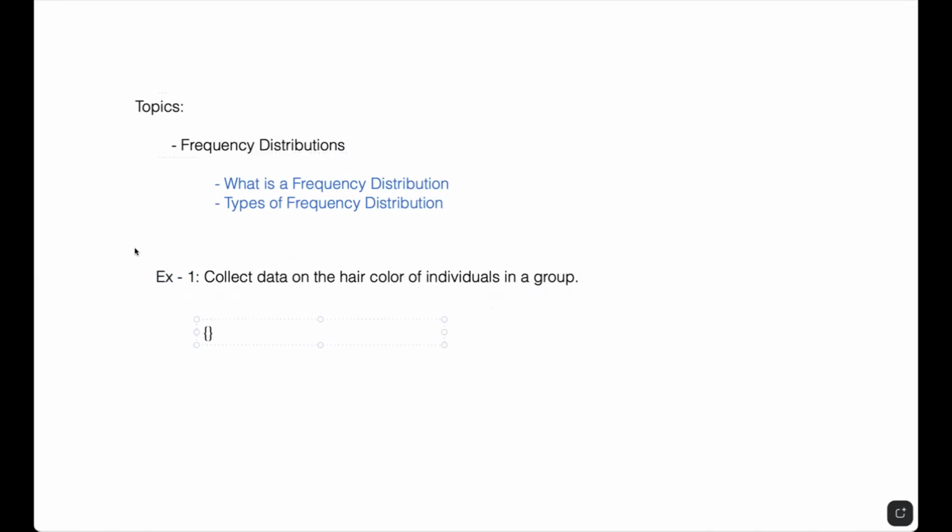So let's say blonde. So I'll just write in abbreviated form.